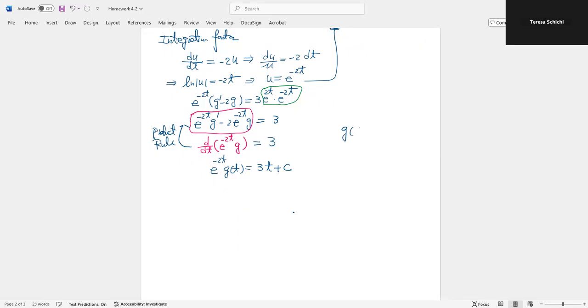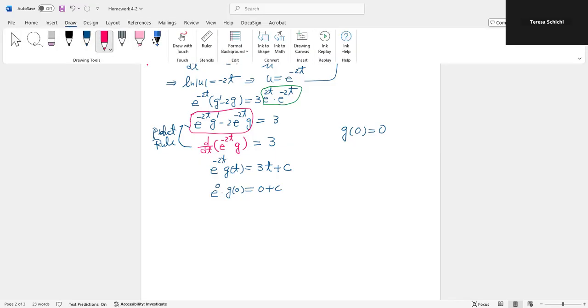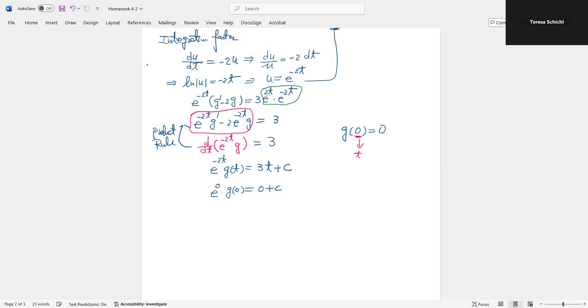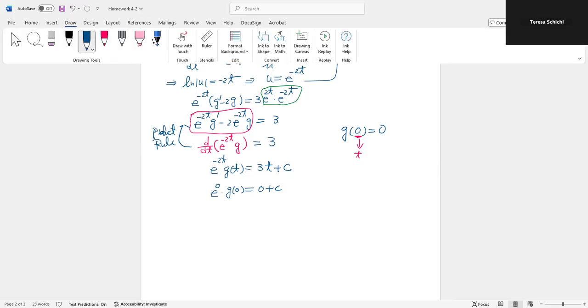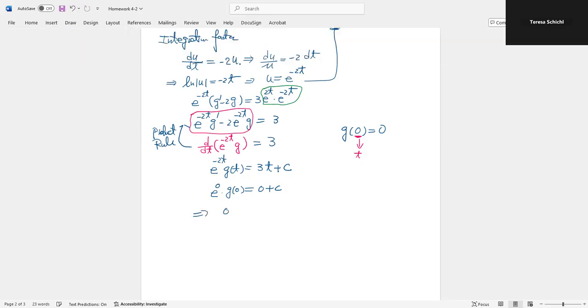Now my initial condition is g(0) = 0, so I will plug in t equal to 0. This will be e^0 times g(0), which is 0, equal to 3 times 0 plus c. So I know my c is equal to 0.